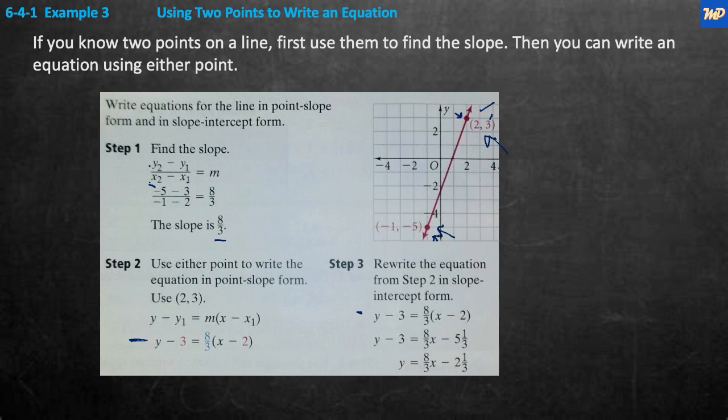We multiply out the 8/3 times x right here, 8/3 times x. And then we do the 8/3 times -2, and you'll get -16/3. We have to convert the 2 to thirds, 2 over 1, so that when we multiply them we get thirds, so 16 over 3.